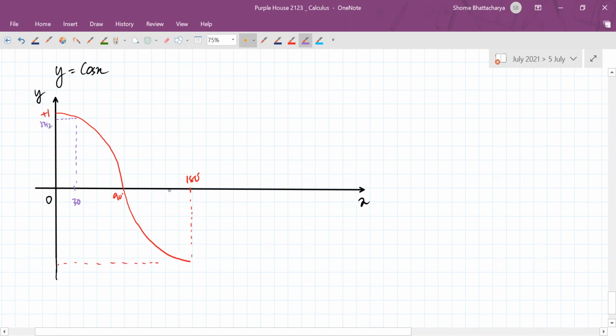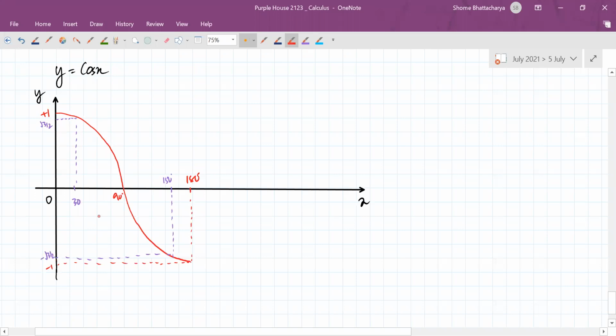But if you take a value of 180 minus 30, so that's 150 degrees, the value of the cos function becomes exactly the negative of that value over there. Here it becomes minus √3/2.